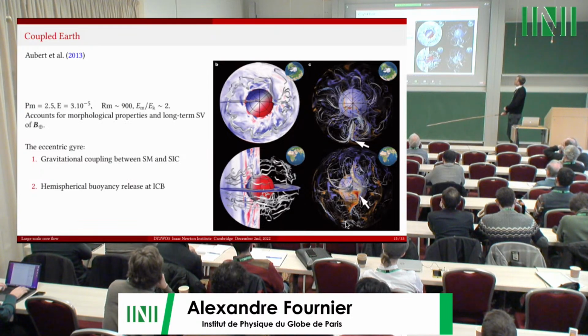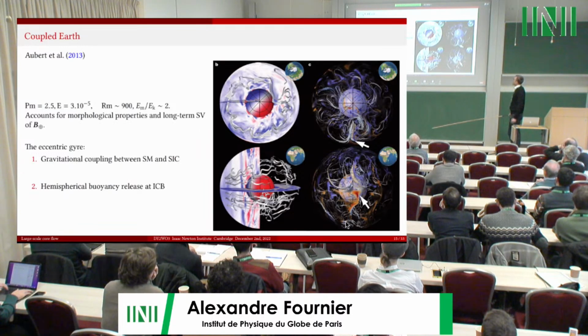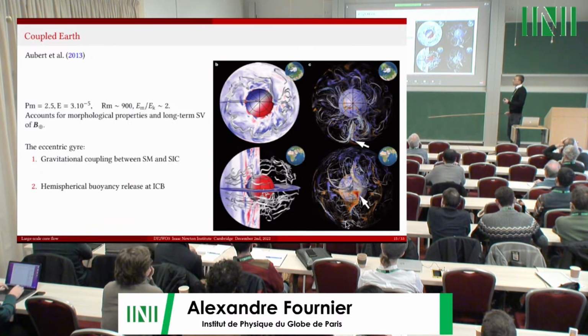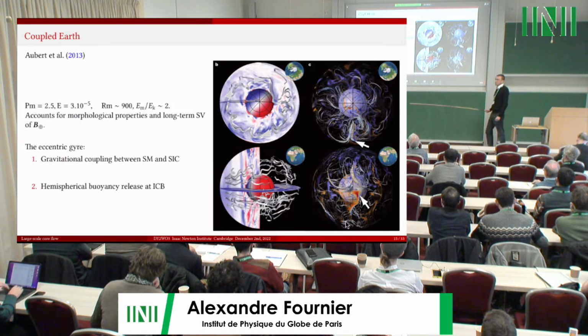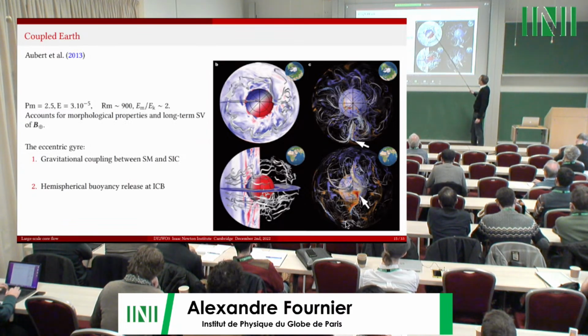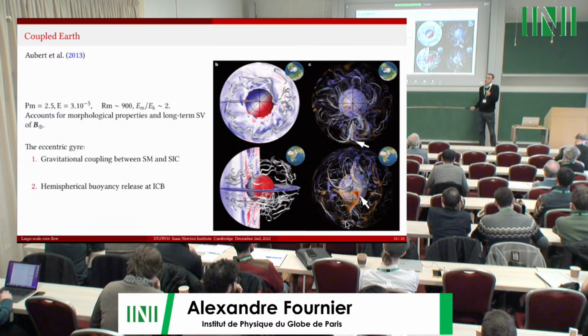It's a thermochemical dynamo model, but in order for this model to reproduce and explain the gyre, one has to add 2 ingredients to the standard dynamo cocktail. Okay, and these 2 ingredients are the following. The first one is the gravitational coupling between the solid mantle and the inner core. So what happens is that as chemical plumes are emitted at the inner core boundary, they are subject to the Coriolis force.